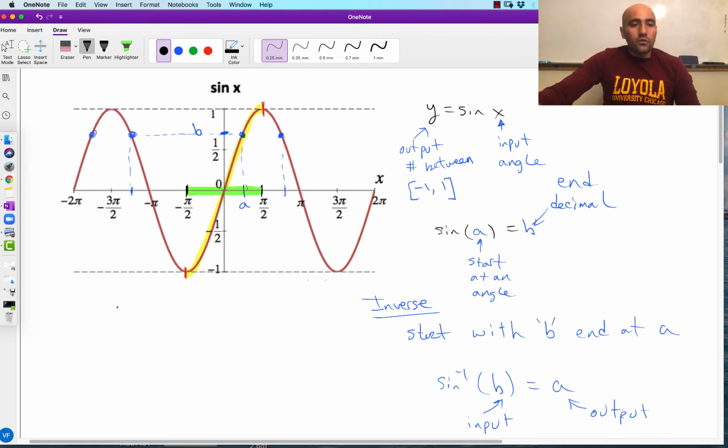Okay, so we would write that sine inverse of y equals x. Keeping in mind that a y value is here. This is the decimal value. So for a sine function, we input an angle. For a sine inverse function, we input a decimal between -1 and 1. And the output is an angle.